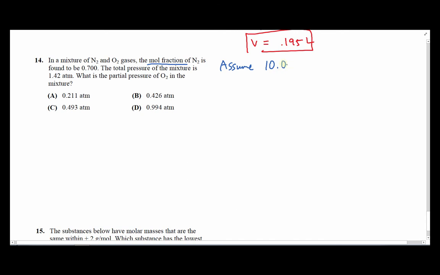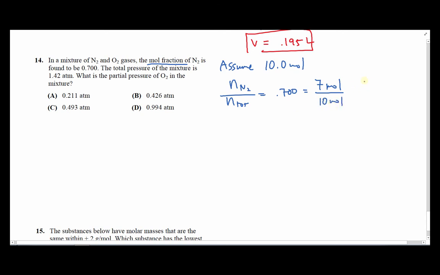So I'm gonna assume that's okay because this is a simple ratio. Assume 10.0 moles are present in our situation. Then the definition goes, so that's like saying we have 7 moles of nitrogen in the total.